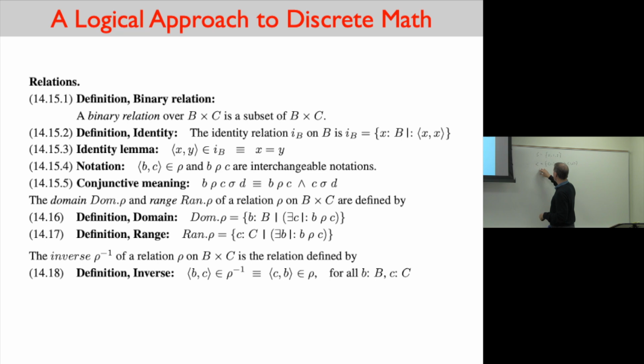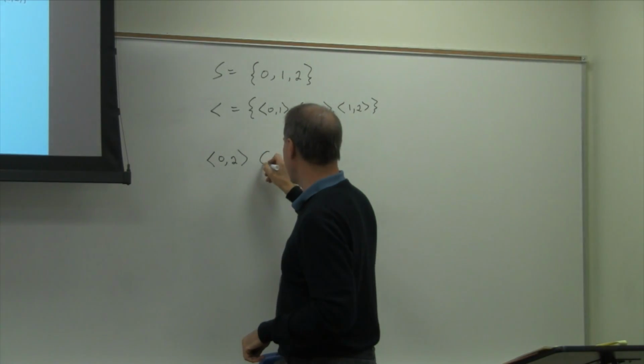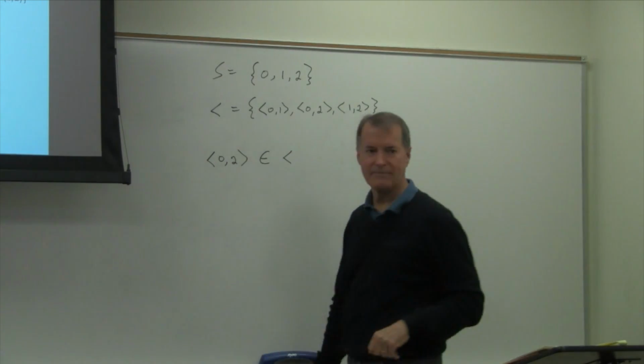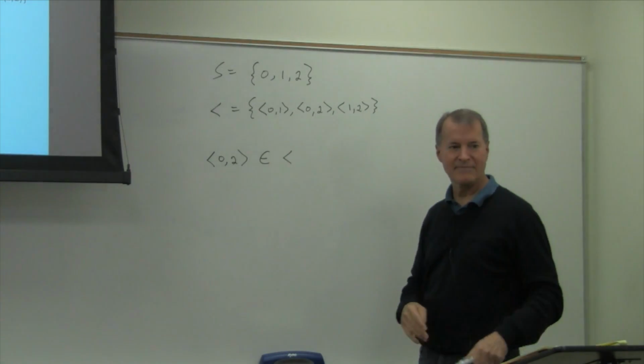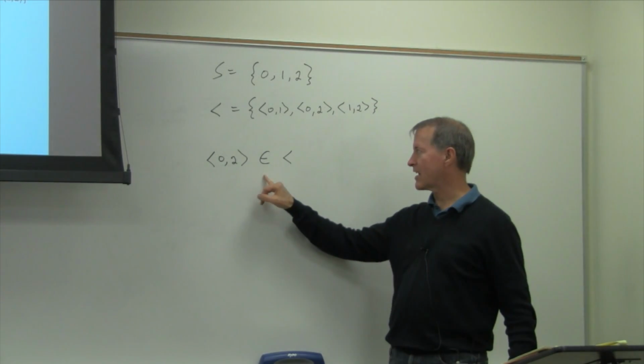So what does 14.15.4 say? It says, for example, that the ordered pair 0, 2 is an element of less than. Look here, you guys. Ordered pair 0, 2 is an element of less than.